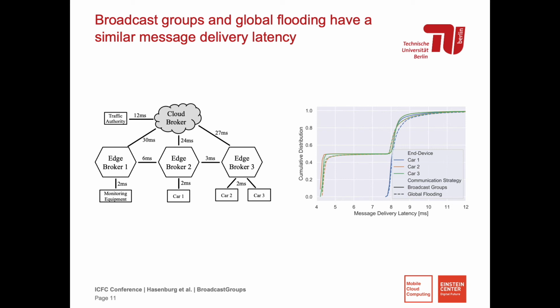The remaining 50% of the messages received by car 2 and car 3, as well as all messages received by car 1, have a message delivery latency of about 7 milliseconds, as the messages are additionally sent via the link between edge broker 2 and edge broker 3.